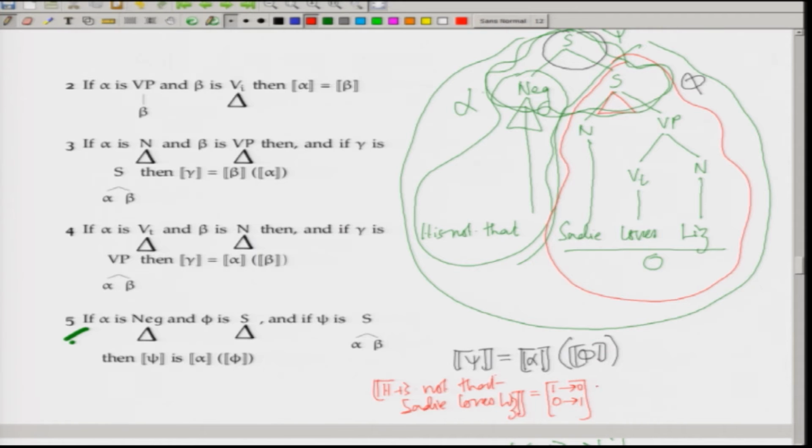We know that this is 0. So that gives us 0 is taken to 1, 0 is mapped to 1. So the truth value of it is not the case that Sadie loves Liz will be 1 in our model.